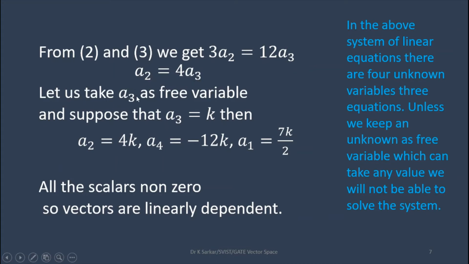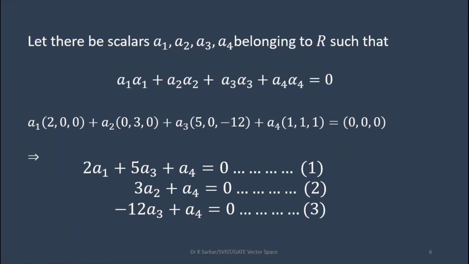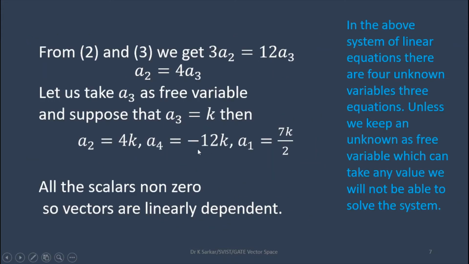Now let us take a3 as a free variable and suppose that a3 is k. Then a2 will be 4k, a4 will be 12k. Look here, a4 is 12 a3, a3 is k, so a4 is 12k.